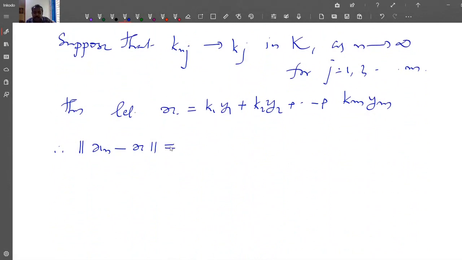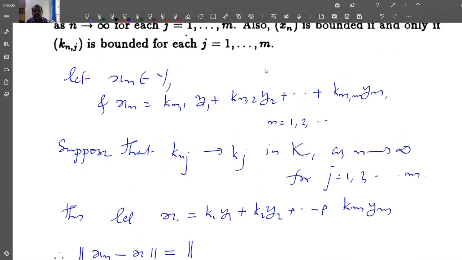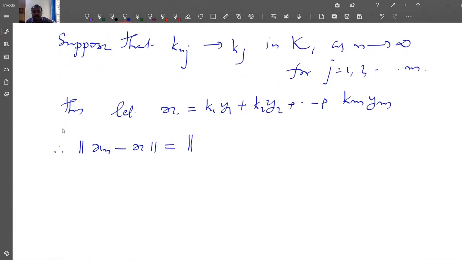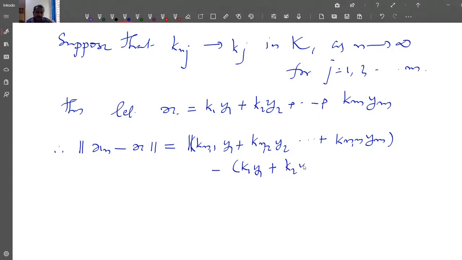This is equal to the norm of k_n1 y1 plus k_n2 y2 plus etc. plus k_nm ym minus k1 y1 plus k2 y2 plus etc. plus km ym.